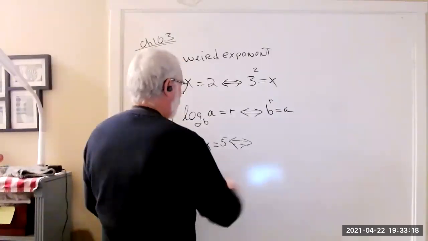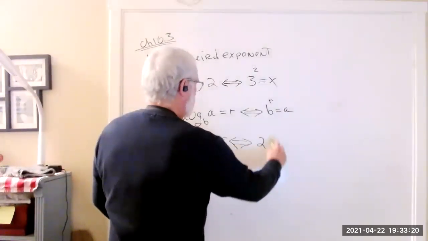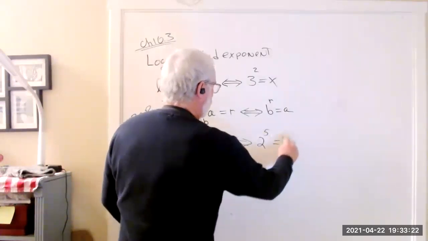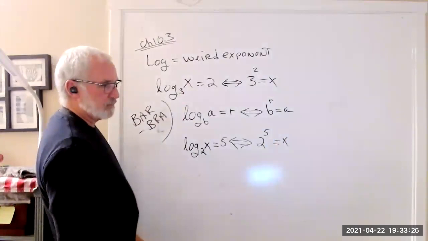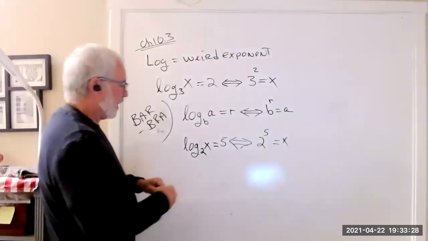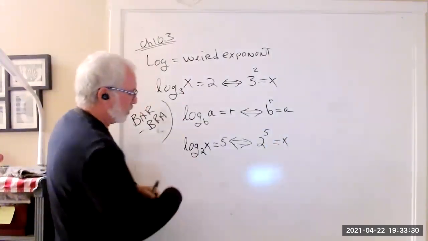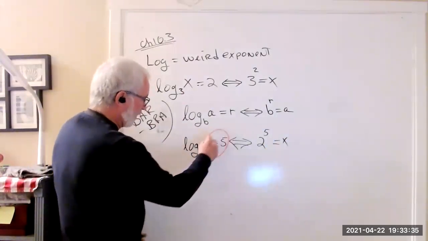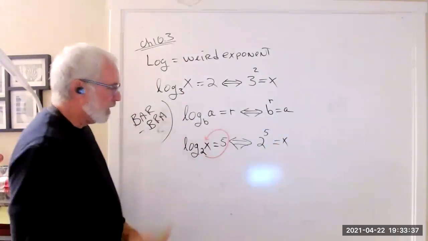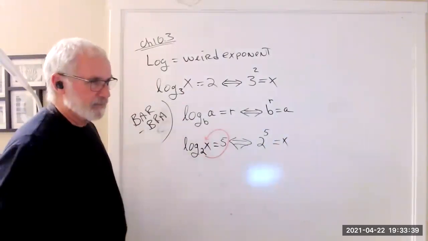And if you did it right, it should be 2 to the 5 equals x. Yes or no? Yes. Okay. A lot of people learn this circle thing. They say 2 to the 5 equals x. I've seen a lot of people do that.